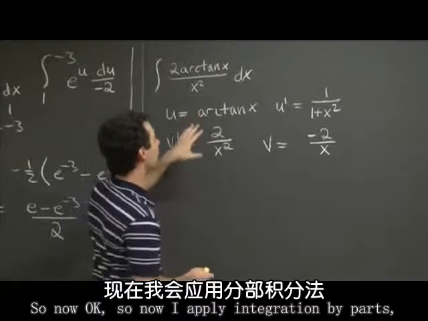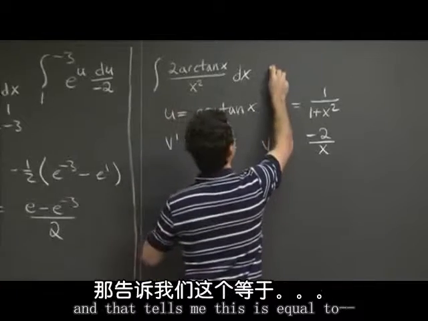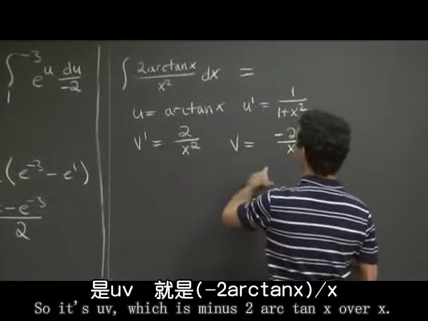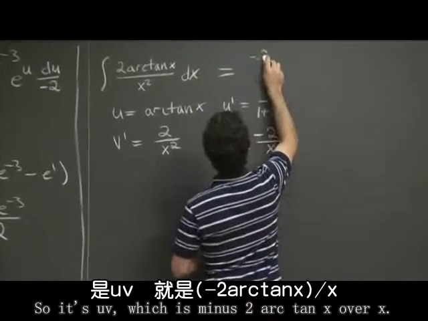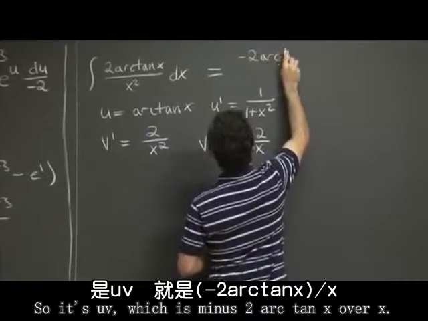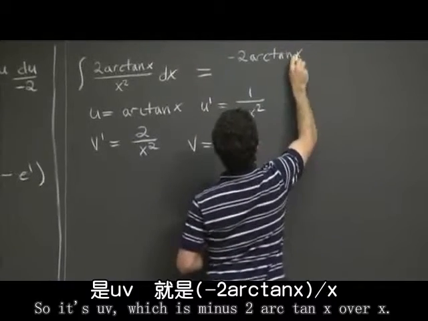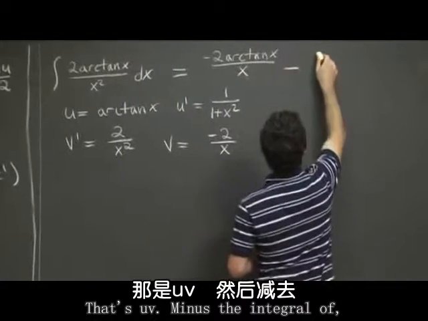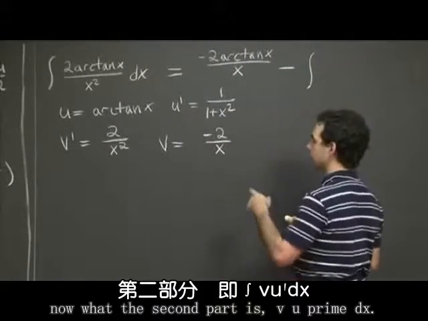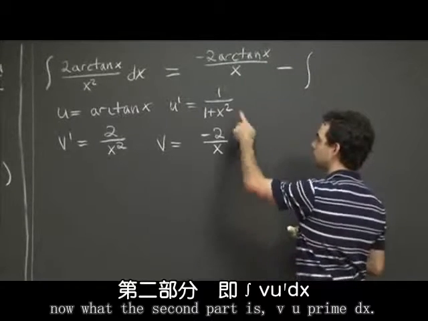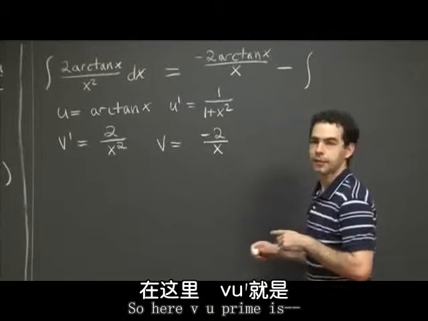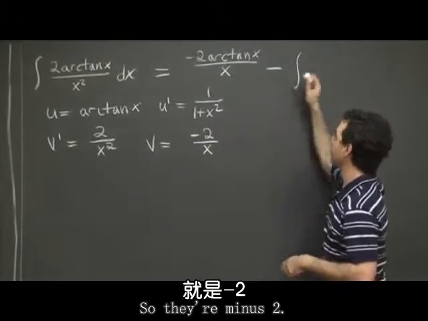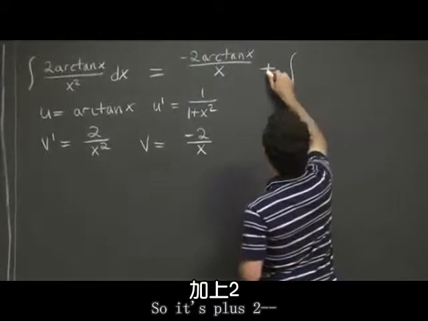So now I apply integration by parts, and that tells me that this is equal to, well, let's see, so it's uv, which is minus 2 arctan x over x. That's uv minus the integral of, well, now it's the second part, it's vu prime dx. So here, vu prime is, well, OK, so they're minus 2. I'm going to pull that out front. So this is plus 2.